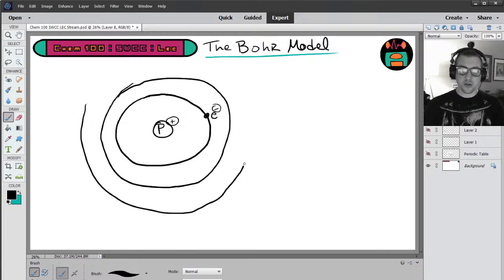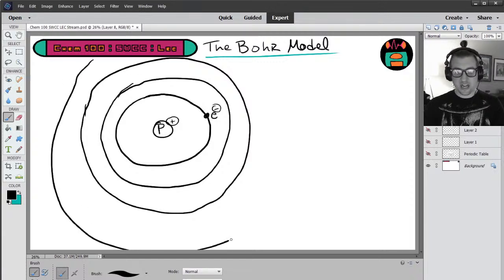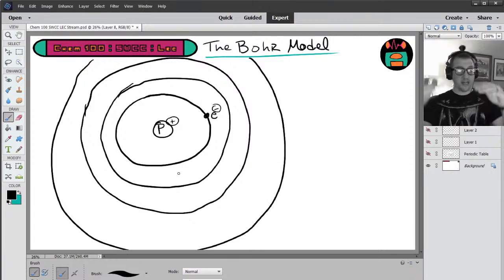So it turns out the electron isn't free to orbit the nucleus just anywhere it pleases. It can only occupy set, defined regions in space.